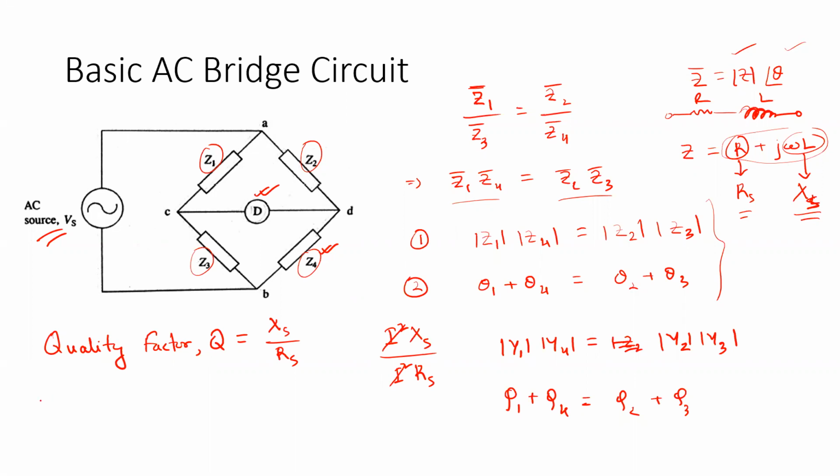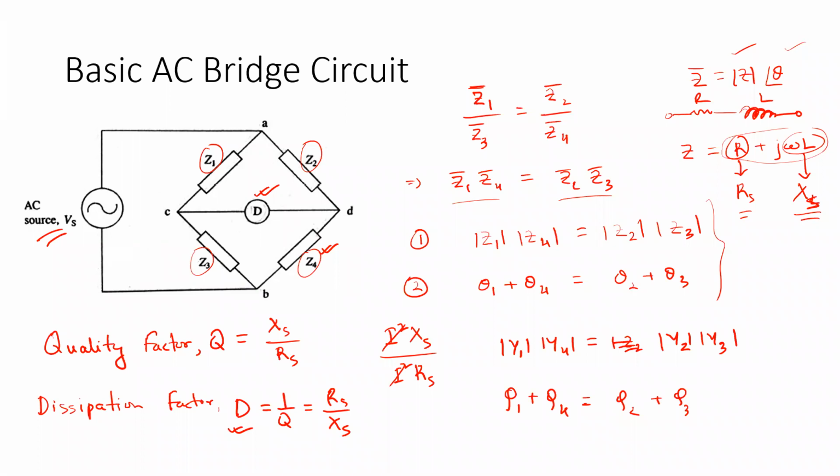Now, another factor often considered is the dissipation factor. That is nothing but the reciprocal of the quality factor, RS by XS. If we obtain a higher dissipation factor, then the impedance is more resistive.